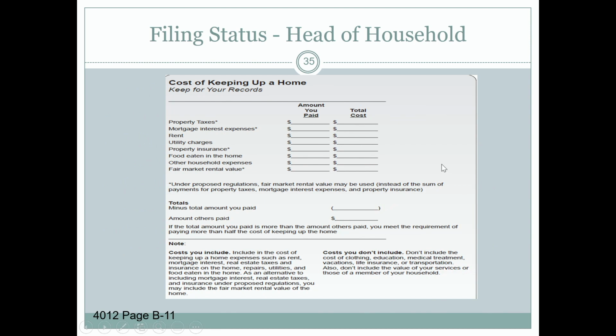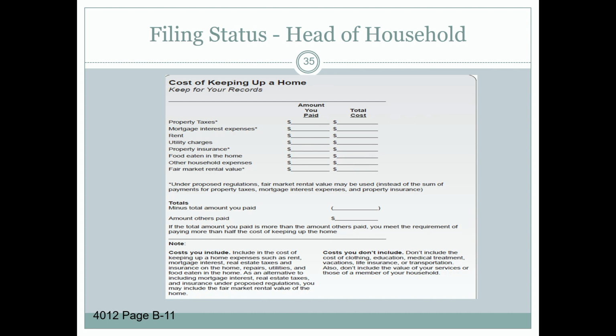Several times we've mentioned paying more than half the cost of keeping up your home. And sometimes your client or your taxpayer does not really know the answer to that right off. So we have in your Publication 17, and we usually make copies of these and provide them to the clients, this little sheet that helps them to determine if they paid more than half the cost of keeping up the home.